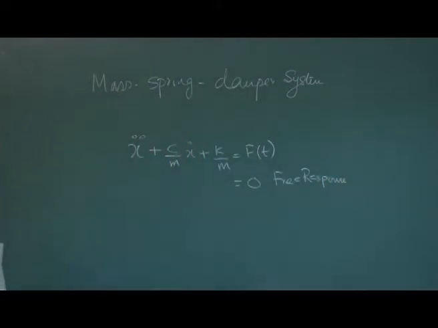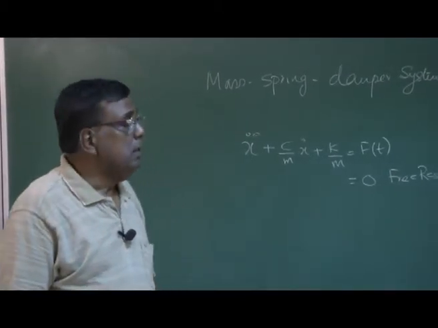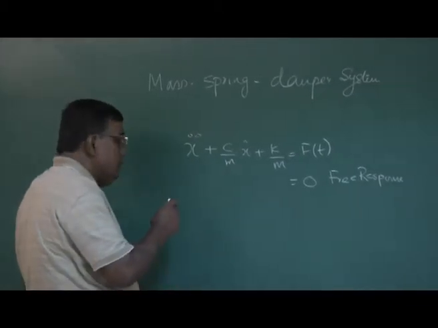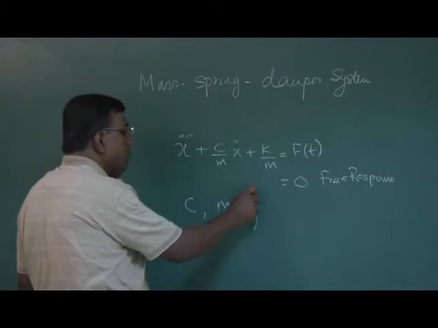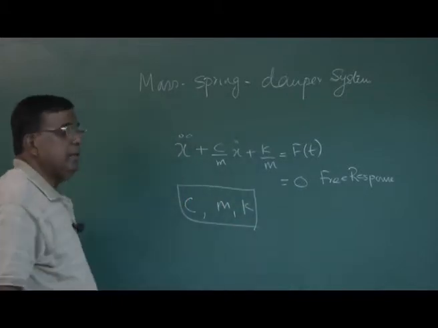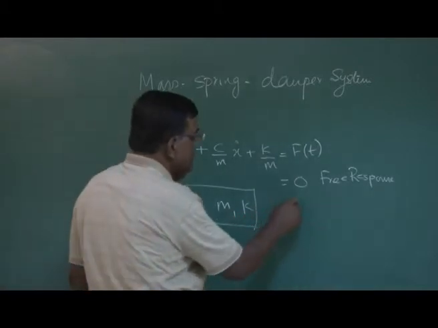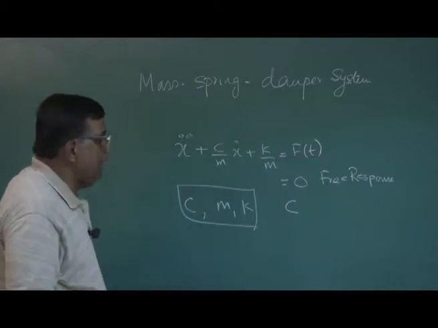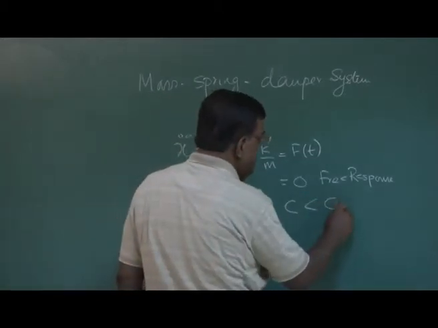We also understood when we try to find its characteristic equation, we realized that depending upon the value of C, M and K in their combination, I could have situations where C, the damping coefficient, is less than a particular value, say C less than C critical.